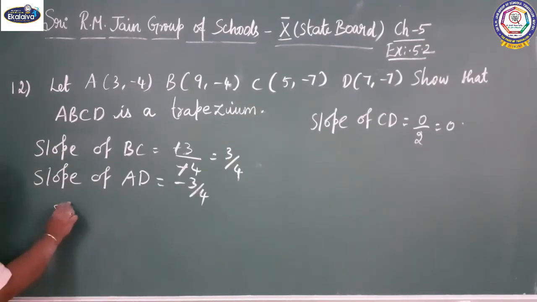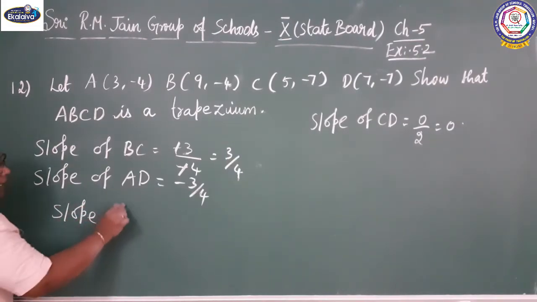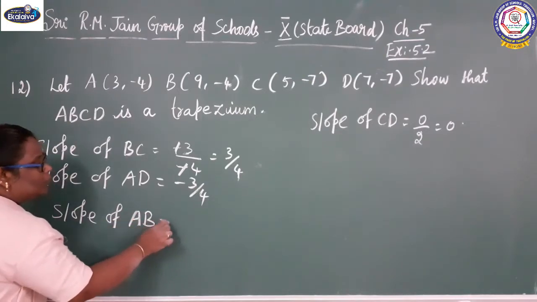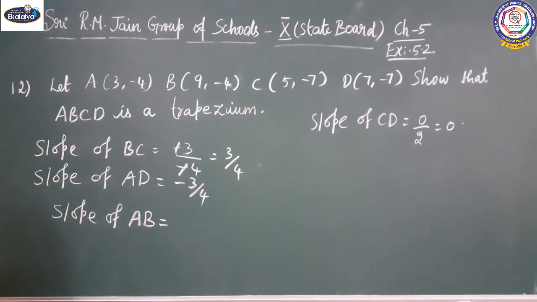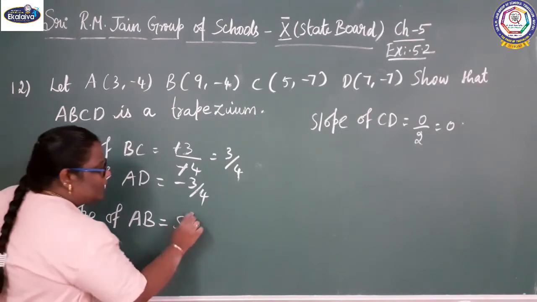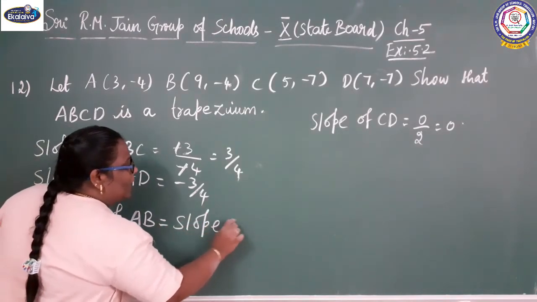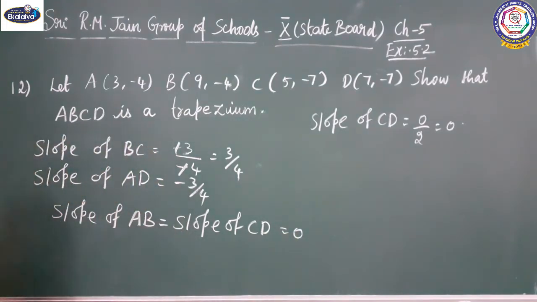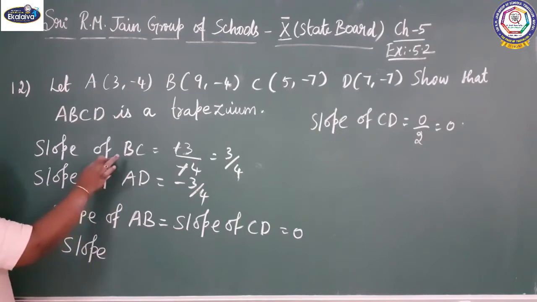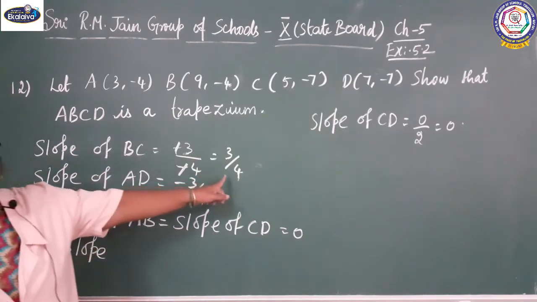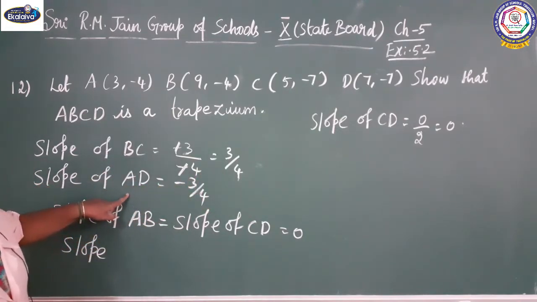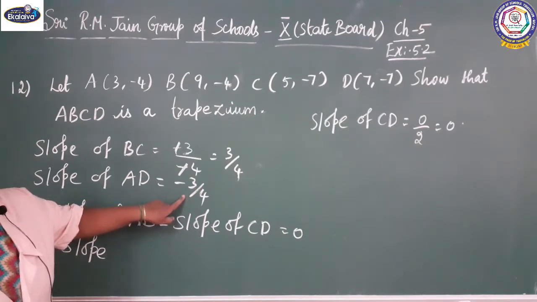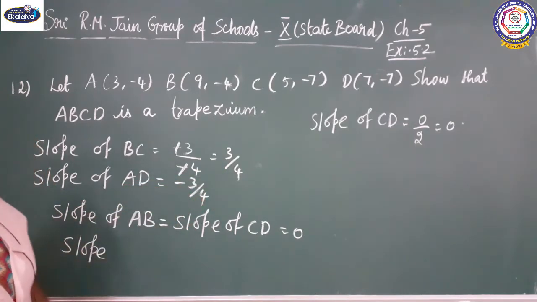See, slope of AB value is equal to 0 and slope of CD value is also 0. Slope of AB equal to slope of CD, the value is 0. But see here, slope of BC value is 3 by 4 and slope of AD value is minus 3 by 4. The values are not equal.